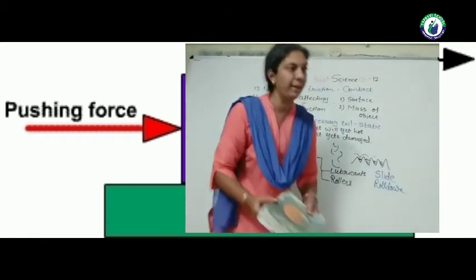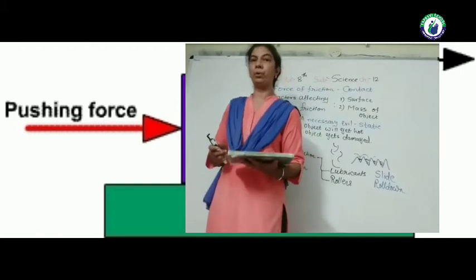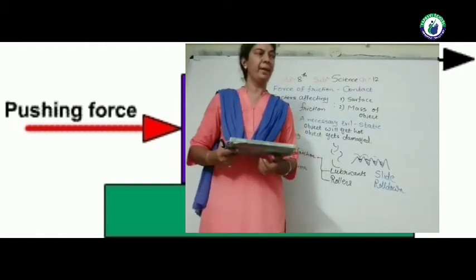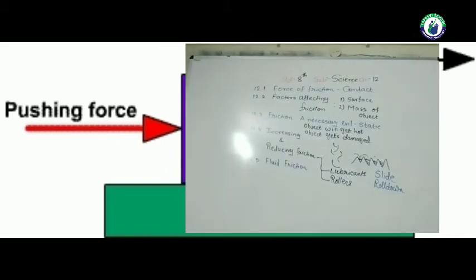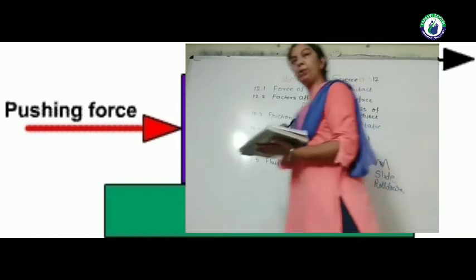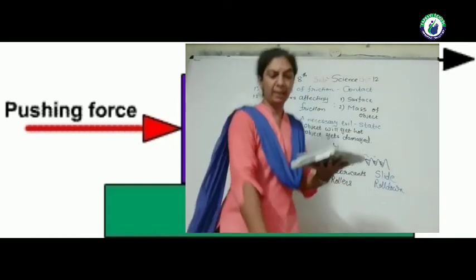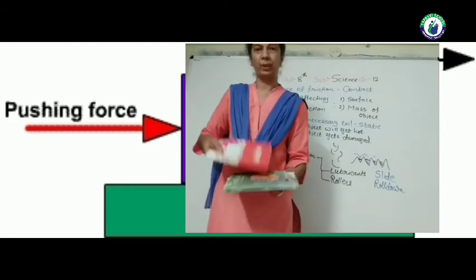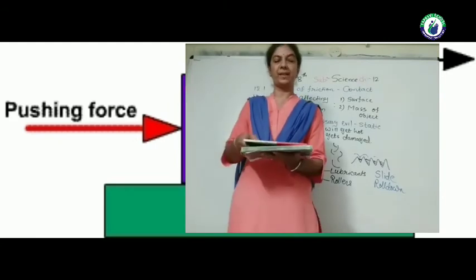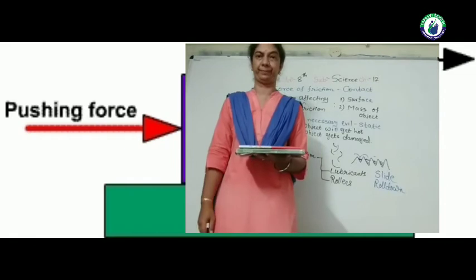Suppose I am having this one book and I am having another book. These two objects are in contact with each other. This one surface, this another surface, they are in contact with each other.